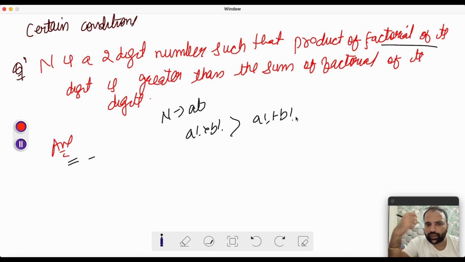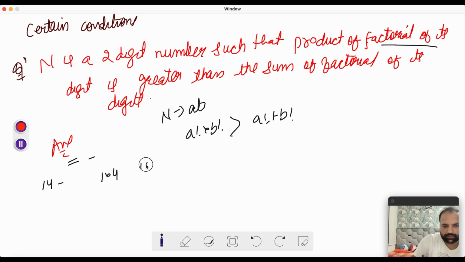Can you think of any two numbers wherein if we multiply the factorials of its digits, and if we add the factorials of that number's digits, the multiplication would be higher? You can check for, let's say, 14. 1 factorial into 4 factorial, and 1 factorial plus 4 factorial.